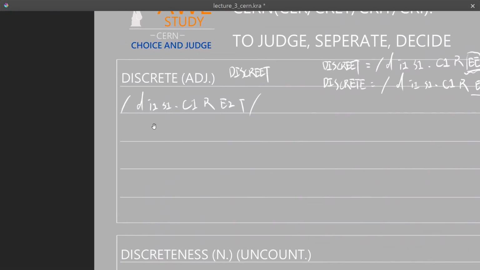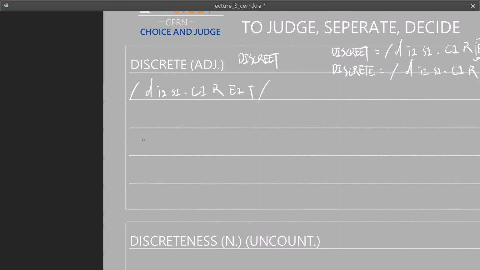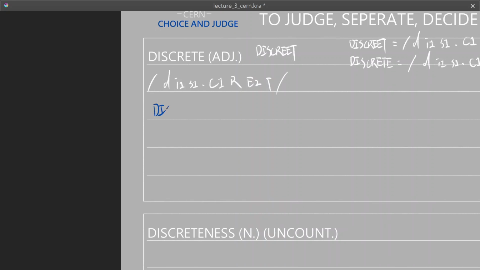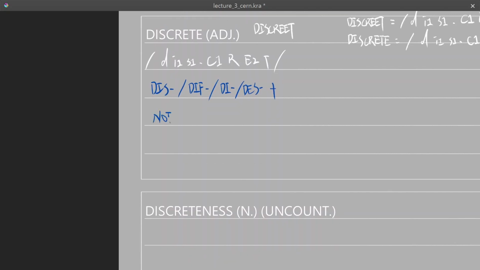So discrete. Let's keep going. Again, we have this prefix, meaning not or part.